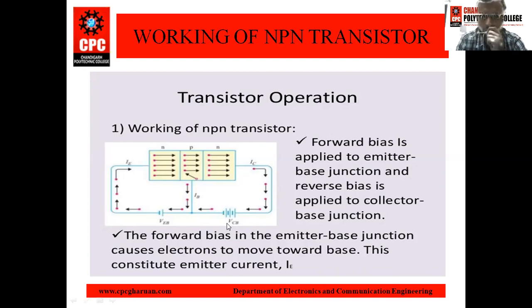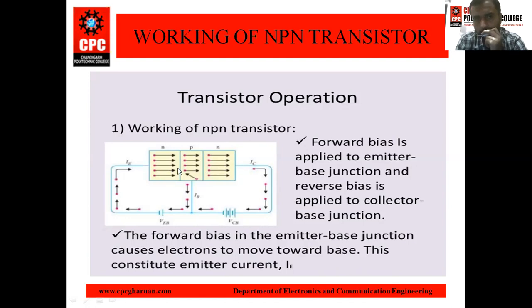When the circuit is connected, as we know the emitter is heavily doped, the base is lightly doped and the collector is medium doped. So when the circuit is connected, only 5% of electrons and holes recombine and 95% of electrons move to the collector side due to the positive terminal of the battery source, which is well connected.